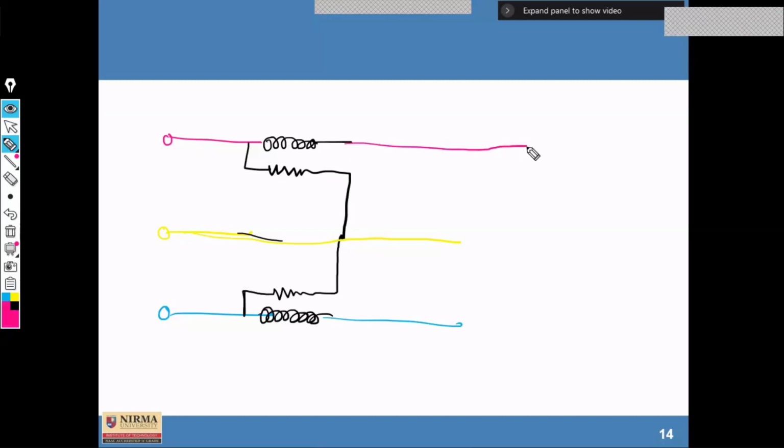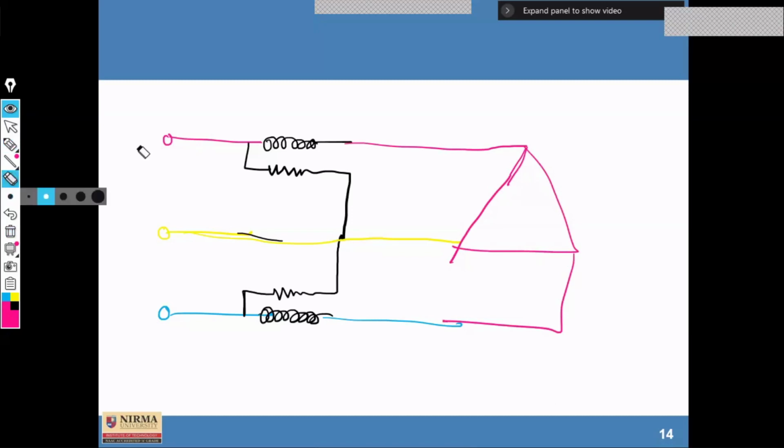Here the load may be connected either in star or in delta. This is delta like this. So two different wattmeters are connected in any two of these three lines, like suppose R, Y, and B. So this is M, L, C, and B. The voltage terminal is connected to the phase where the wattmeter is not connected.